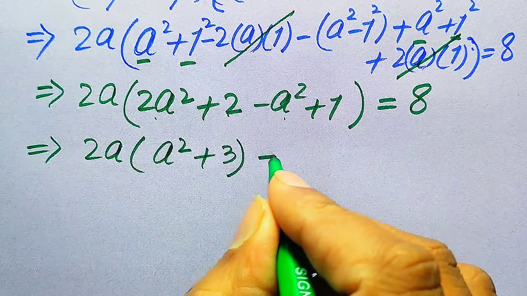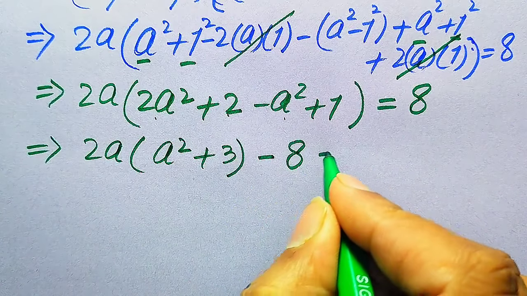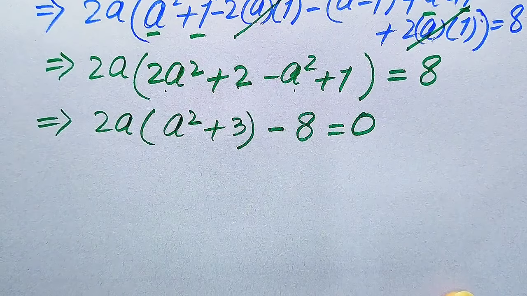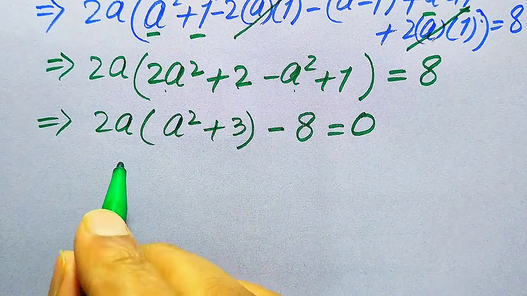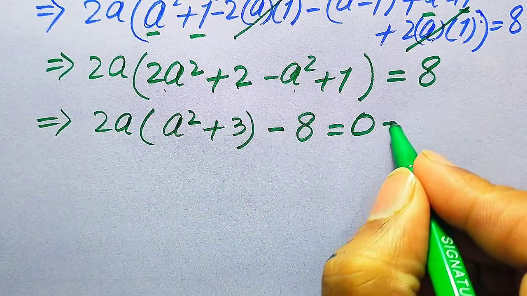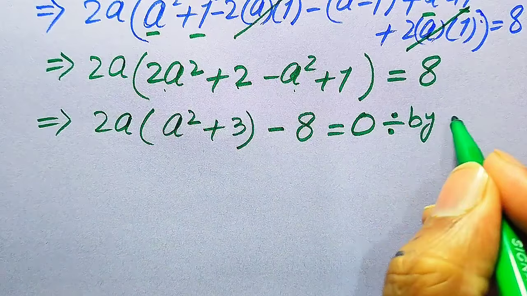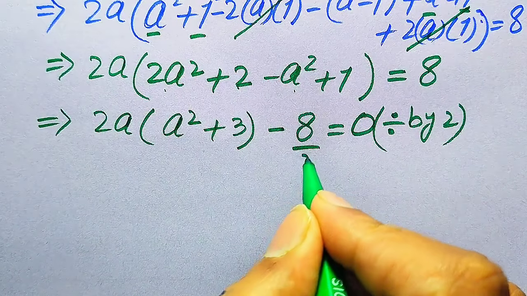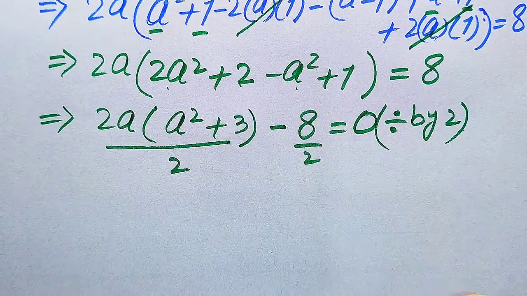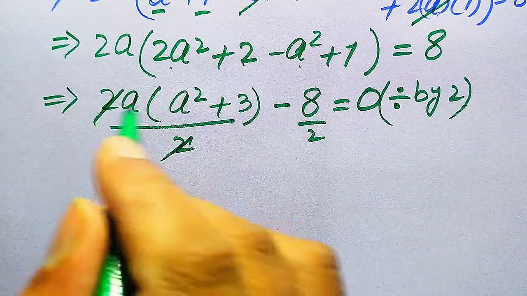Then we move 8 from the right hand side to the left hand side, and this whole equation is equal to 0. And you see that both of these terms are divisible by 2, so we divide both of these terms by 2. So when we divide by 2, it becomes in this form. So this 2 and 2 are gone.